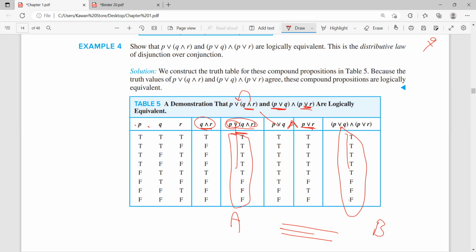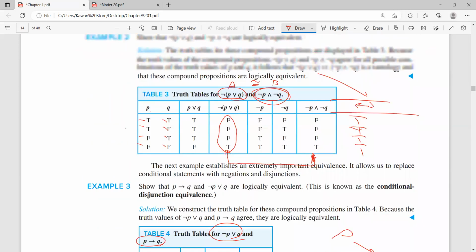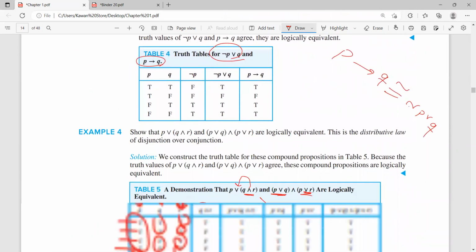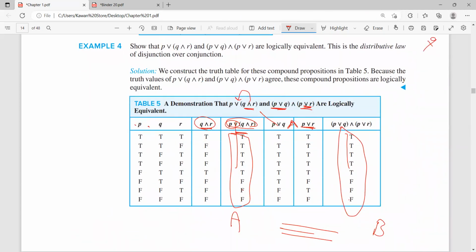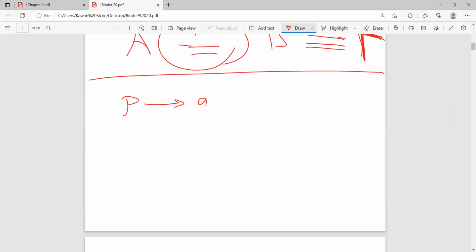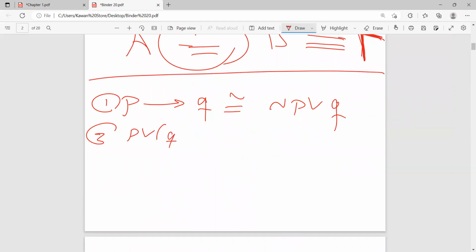So, during example number 3 and number 4, I gave you two properties. The first one was what? We say that P implies Q is equivalent to negation of P or Q, right? And the second was what? It was P or (Q and R) equivalent to what?